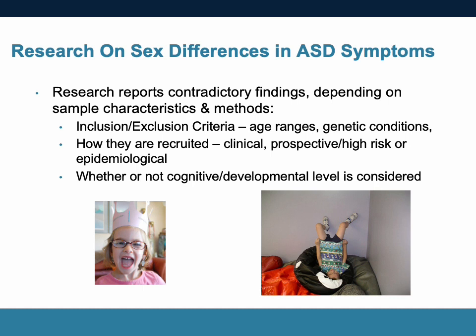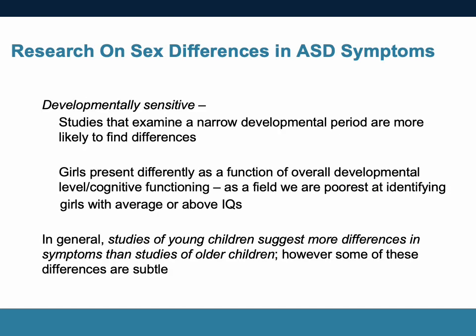One of the important aspects that I'll be emphasizing today is that many of these studies do not take into account the cognitive or developmental level of the child. And so we could be seeing studies that find differences or don't find differences, but they haven't even looked at whether or not cognitive functioning is driving some of the ways those profiles express themselves.